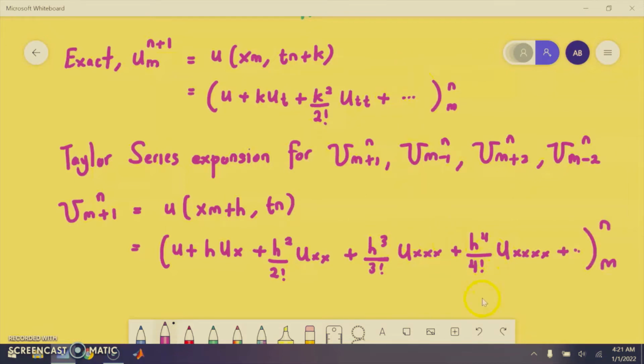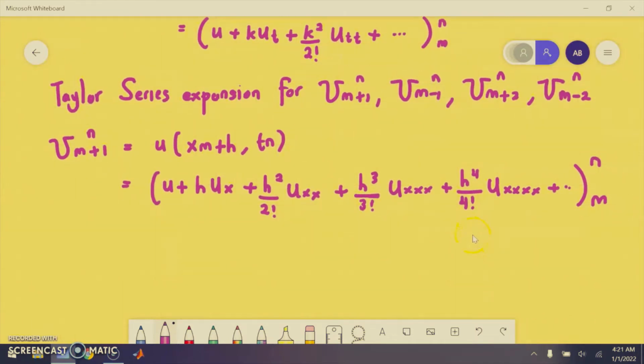Okay, now similarly we can do that for u_{m-1}^n, where h is now negative.